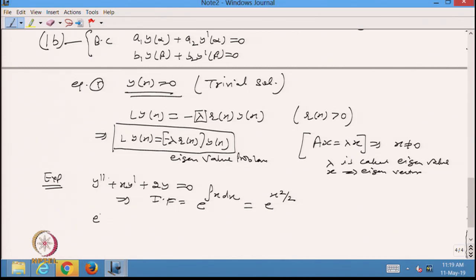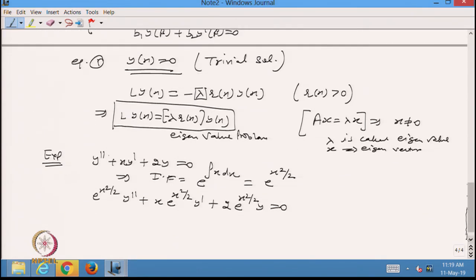So it becomes e^(x^2/2) y'' + x e^(x^2/2) y' + 2 e^(x^2/2) y = 0.